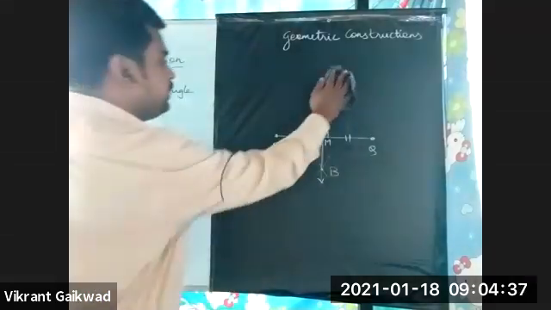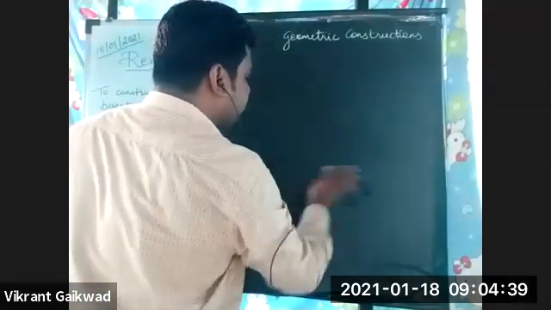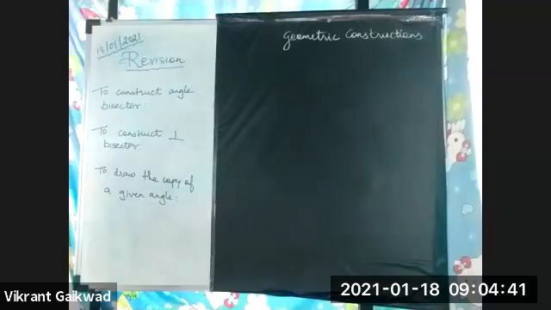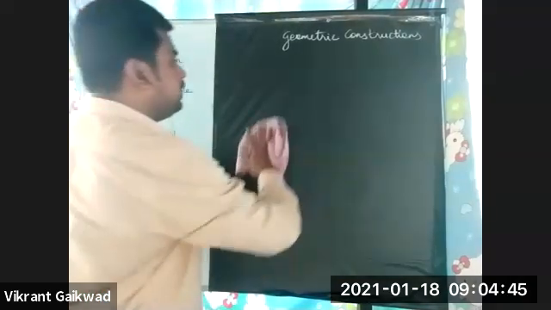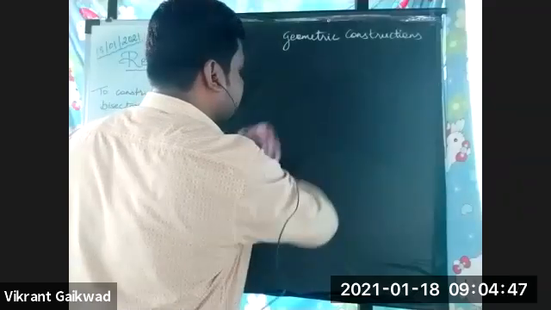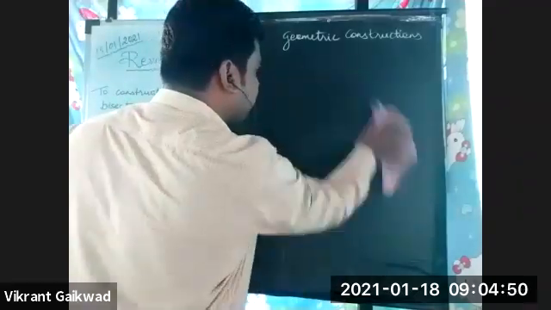Now, suppose they are telling us, on line PQ, take point M and draw a perpendicular from that point. That time our construction will change. See, the format of the question has changed.